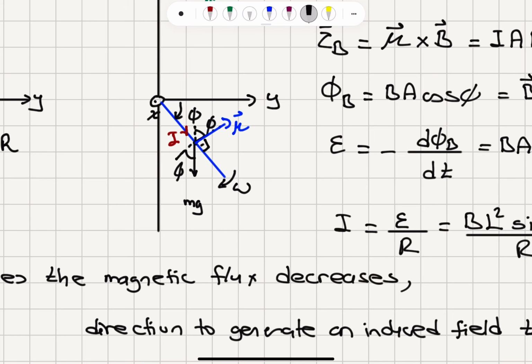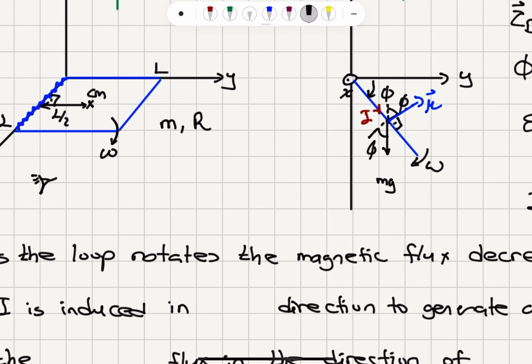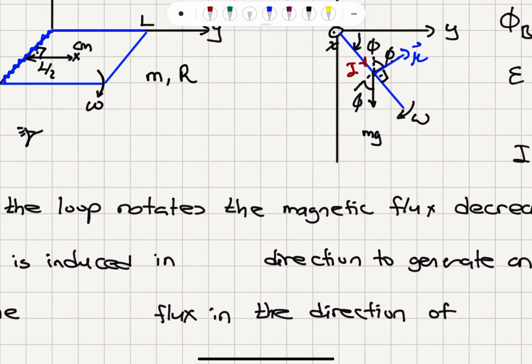Therefore, current is induced in which direction? Looking from the top, the current flows in the counterclockwise direction.